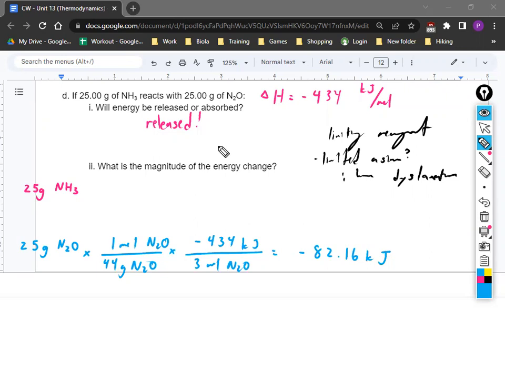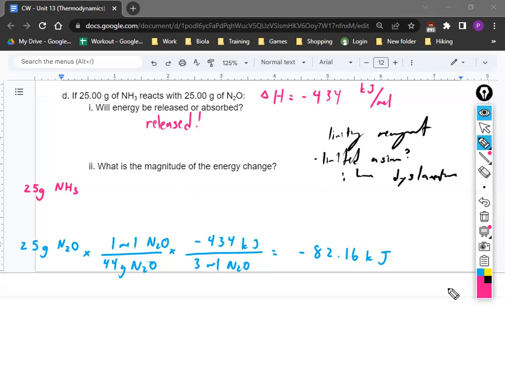Yeah, if you have a different way of finding the limiting reagent and it works, that's fine. I'm thinking about how to get the magnitude, because what I did is I got the amount of moles, and then I found the moles of N2O, and then I did the mole ratio from that number.